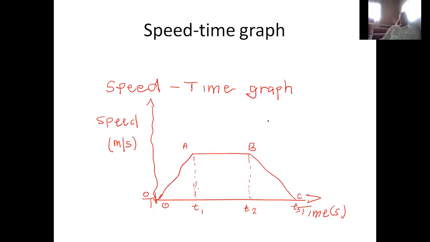So the acceleration between point T to A, the object has uniform acceleration. What it means is that it is moving from a lower velocity to a higher velocity. So that is acceleration.